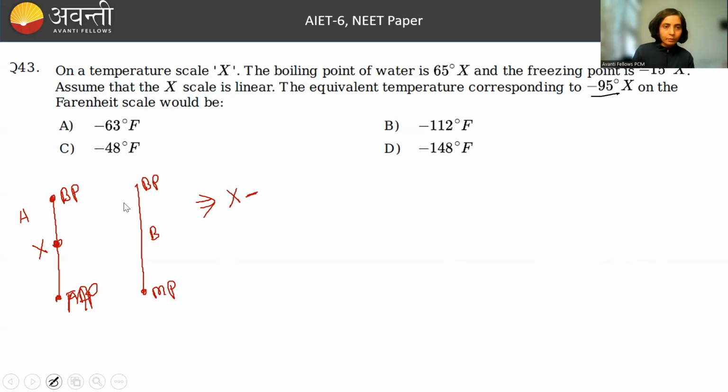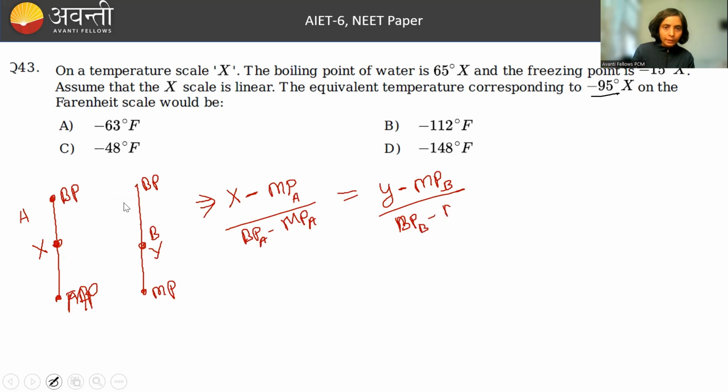X minus melting point of scale A divided by boiling point of A minus melting point of A. Equate it to, suppose X's corresponding value on scale B is Y, so equal to Y minus melting point of B divided by boiling point of B minus melting point of B. This is how we convert things. So this is the way.